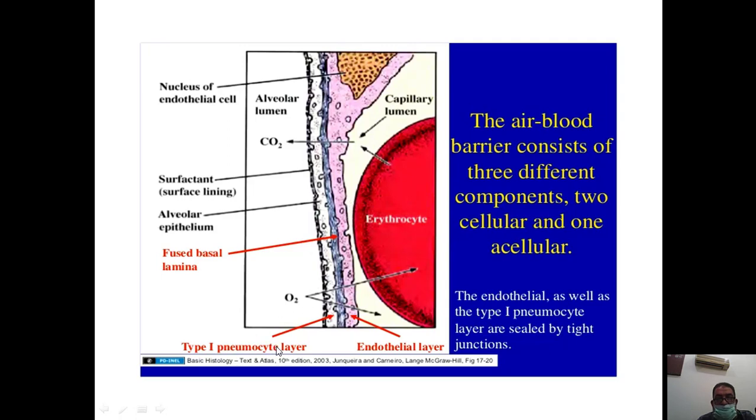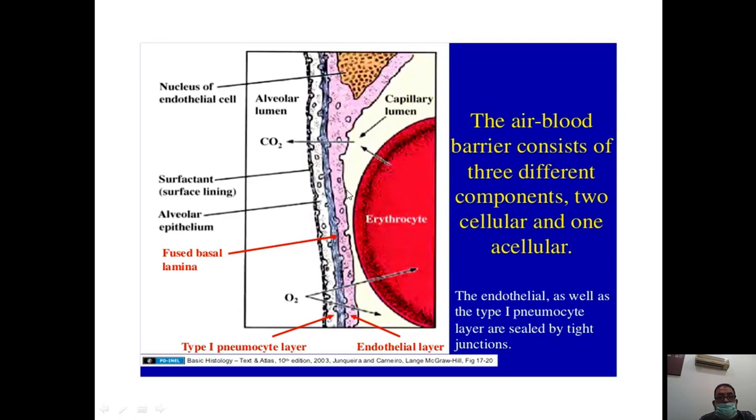Type 1 pneumocyte, endothelial cell, lumen of the capillary, and the lumen of the alveoli. This is the surfactant layer over here, the surfactant layer lining the type 1 cell. This will prevent the collapsing of the lumen of the alveoli. This is the barrier: endothelial cytoplasm fused by the lamina, the cytoplasm of the type 1 pneumocyte, then the surfactant layer.